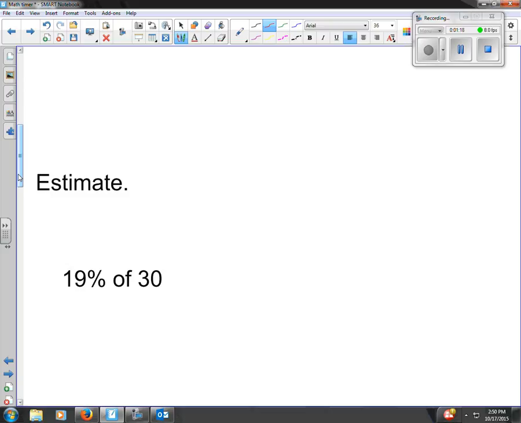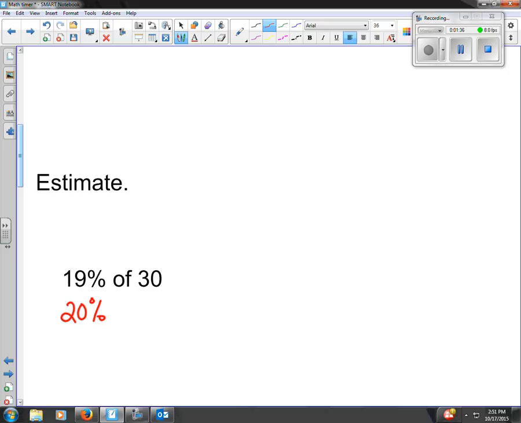Okay, 19% of 30. I don't know the fraction for 19%. I'm just going to tell you, I don't know what the fraction is for exactly 19. But I do know that 19 is close enough to 20%. So I'm going to pick a percent that's closest, so 20%, and then go from there.